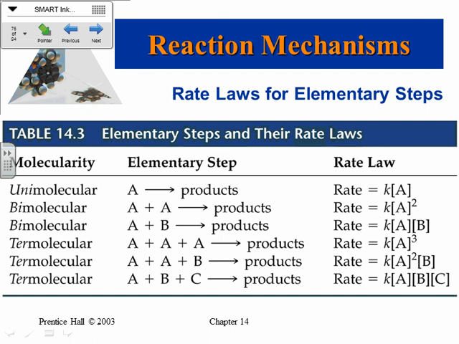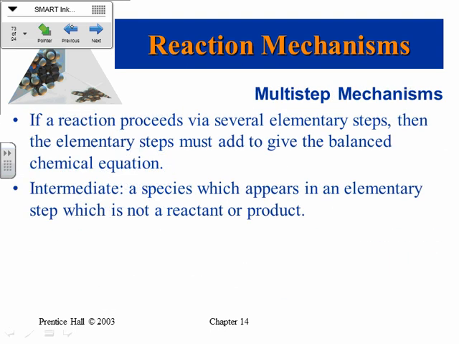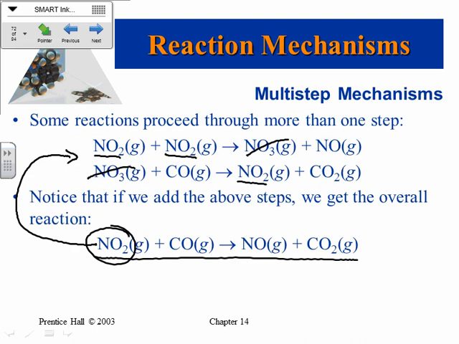If you have a bimolecular rate determining step, that could have 2 of A. Here's an example of that: in this step right here, you've got 2 of the NO2 molecules. So that's a possibility.